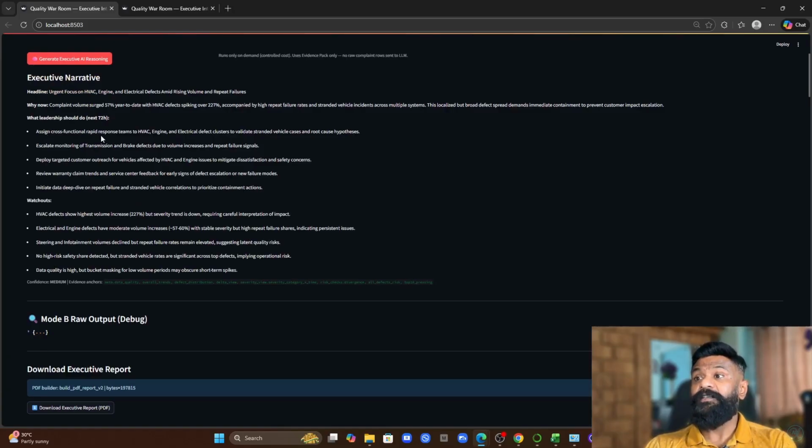Assign a cross-functional rapid response team to HVAC, engine and electrical defects. Escalate monitoring of transmission and brake defects due to volume increases. Deploy targeted customer outreach to vehicles affected by HVAC. Review warranty claim trends, and so on. So all the actions to be done by management and leadership are also proposed by AI.